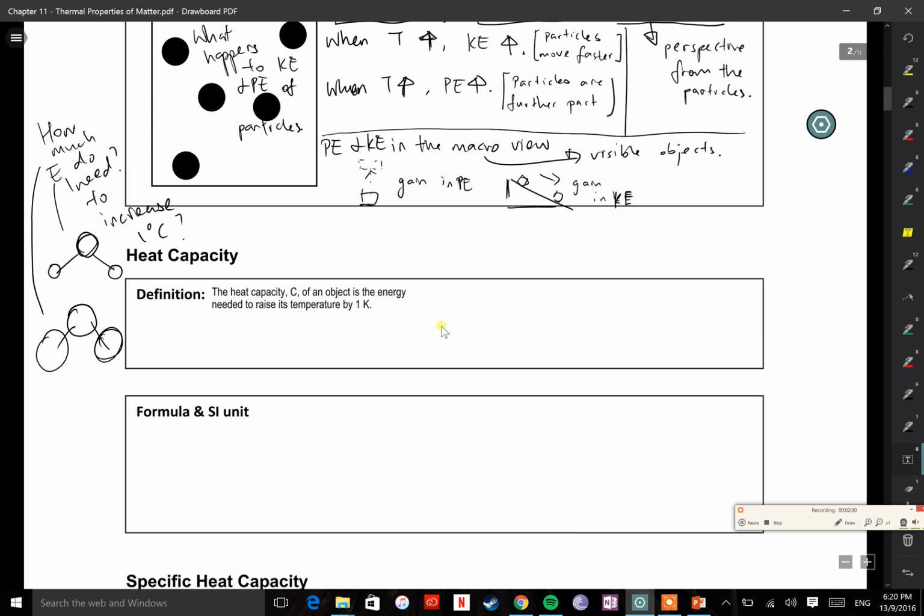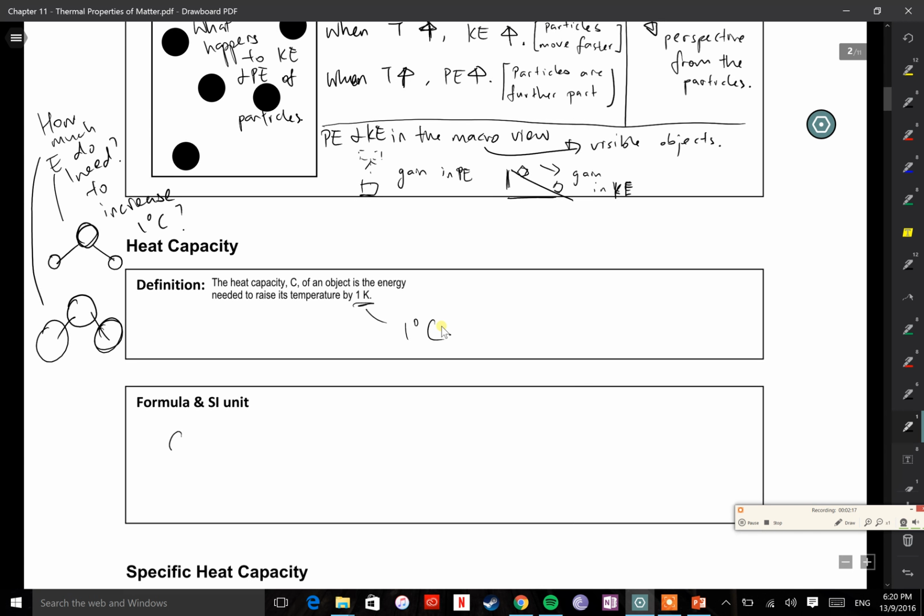The heat capacity of an object is the energy needed to raise its temperature by 1 Kelvin. 1 Kelvin is also the same as 1 degree Celsius. Now the formula for heat capacity is this: C equals Q over change in theta.